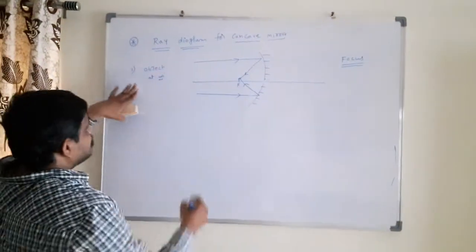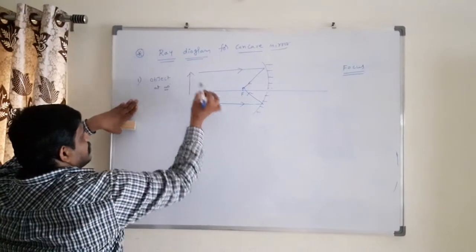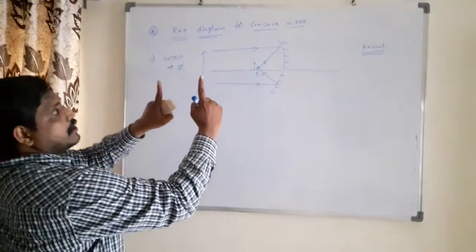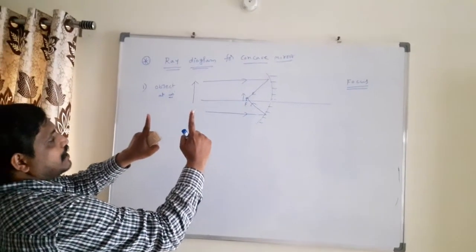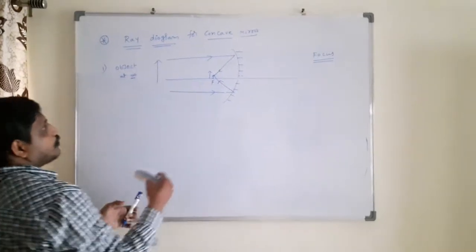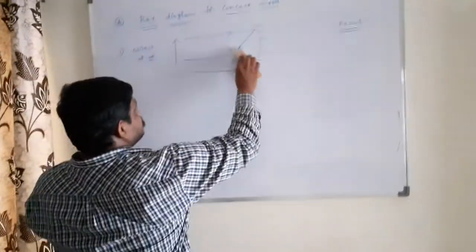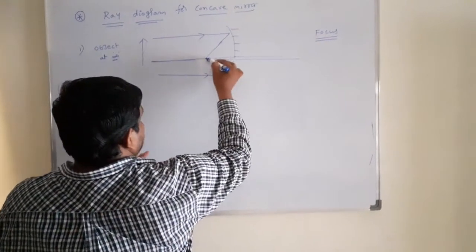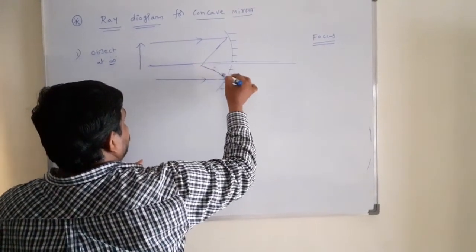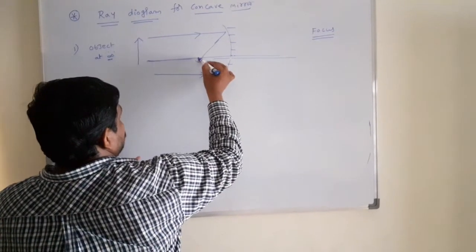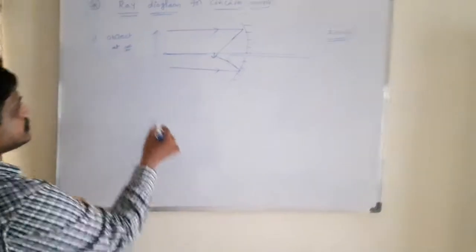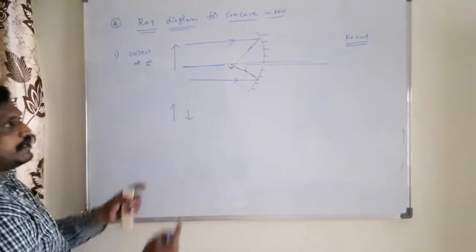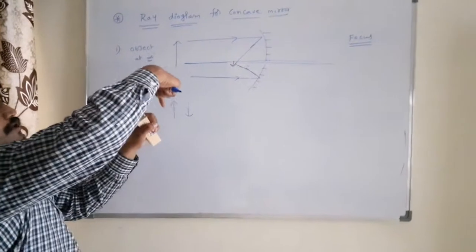Look here, this is the object, and this is the image. Look here, the rays reflected, this is the image. This is the object, this is the image. Both are inverted, that means one is erect and one is inverted.